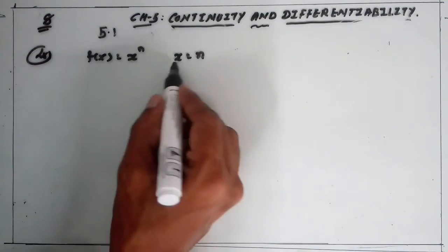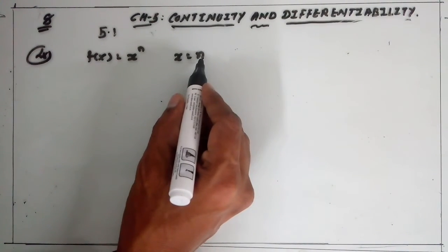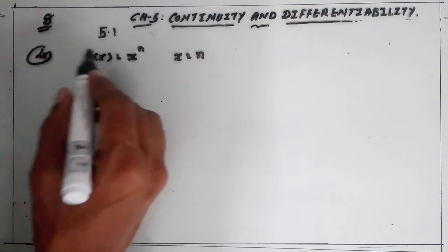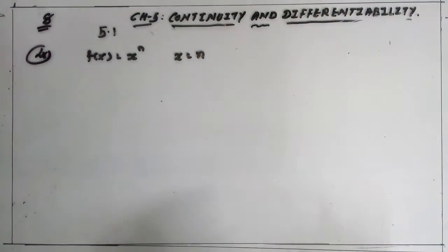Applying the same limit, limit x tends to n positive f(x) and limit x tends to n negative f(x), for this function we get in each case the left hand limit n raised to n, the right hand limit also n raised to n, and f of n is also n raised to n. So this function becomes continuous at x is equal to n.